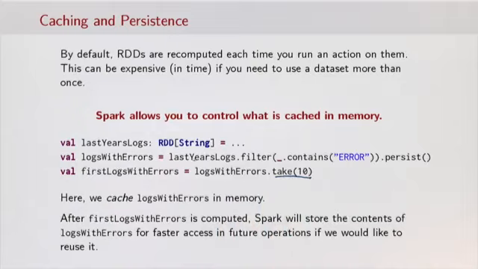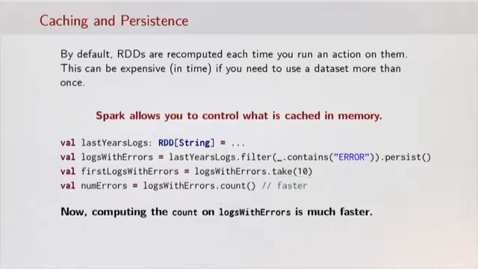However, if I add a line of code here, here's another action, so I have now take and count. It's beneficial now to persist this logs with errors RDD, because if this is not cached in memory, then I do this filter on last year's logs twice. I do it when I compute take 10, and I do it when I compute count.